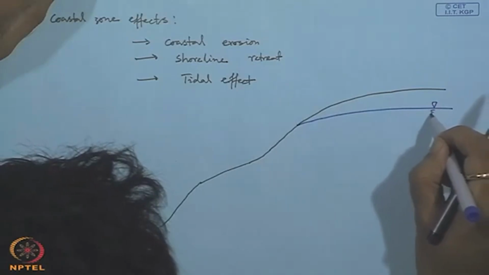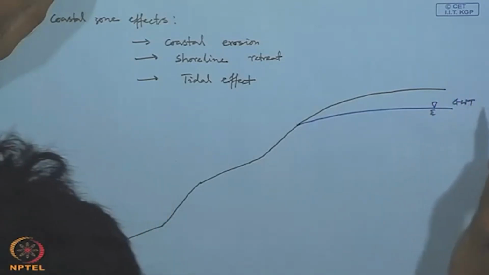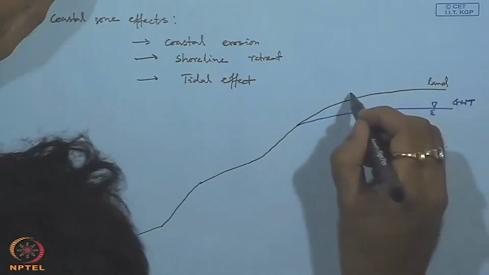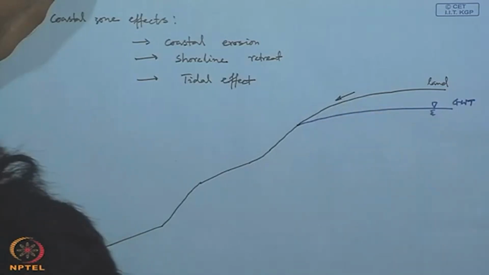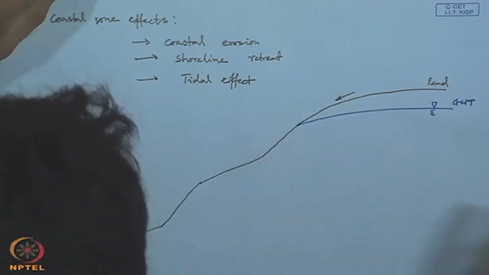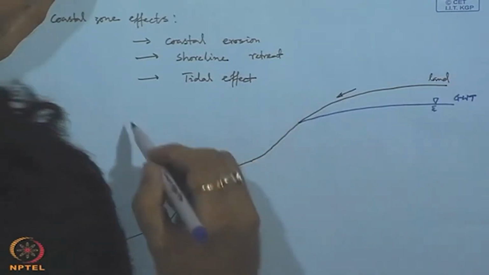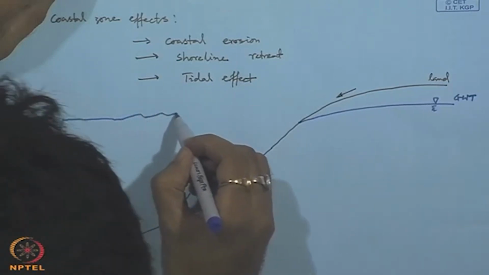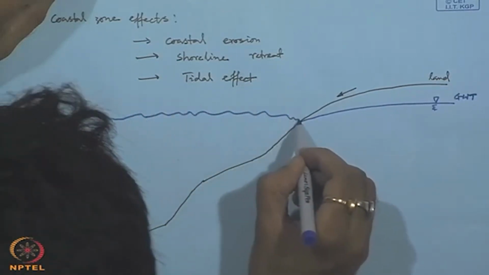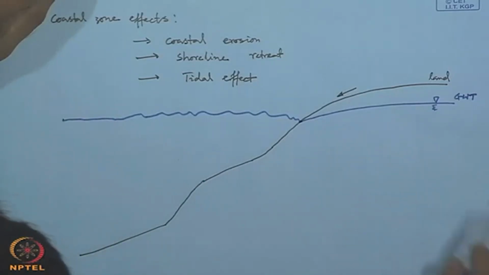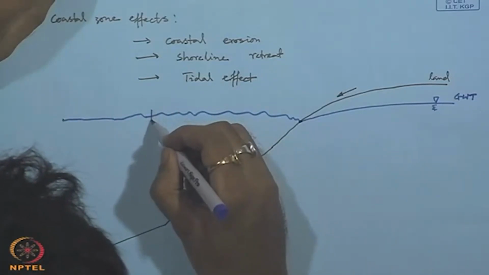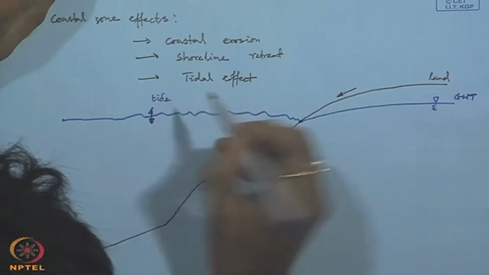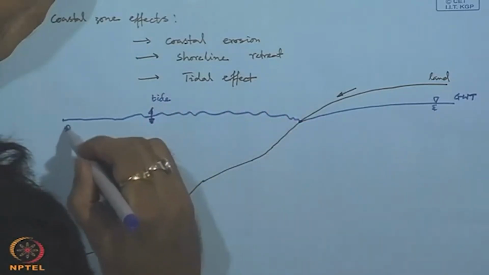So, this is again our groundwater table and this is our land region. In the land region we have this overland flow, and from the ocean we can have some kind of wavy effect due to these tides.